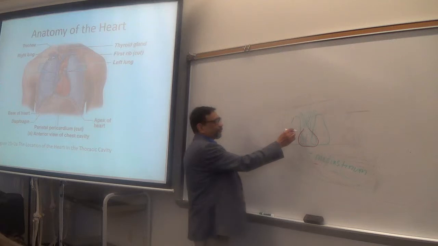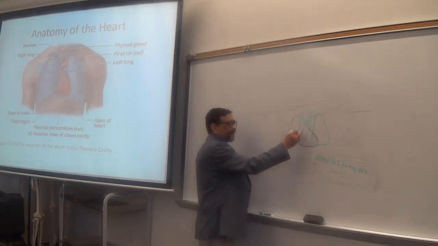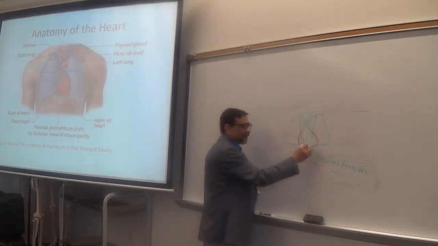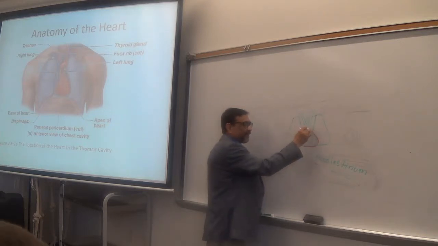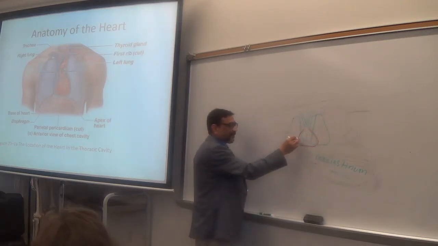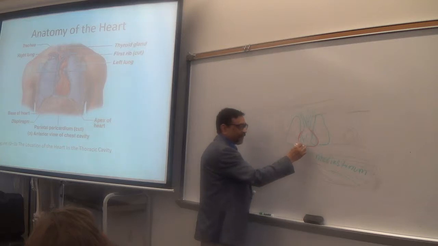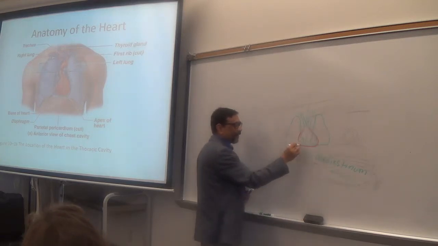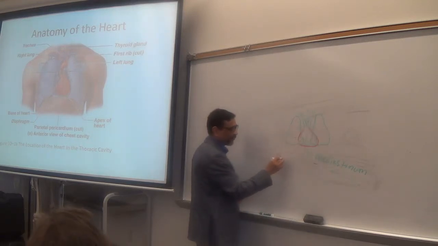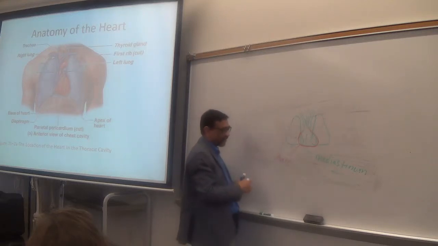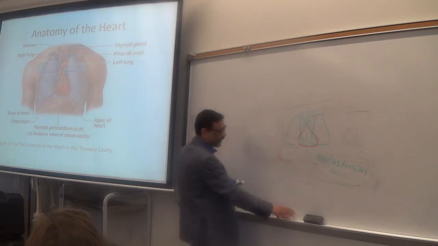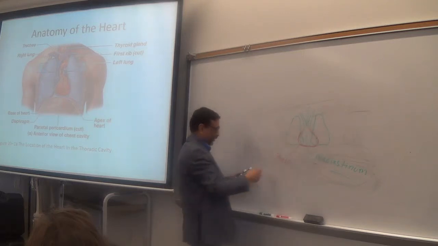Now, in inferior mediastinum, there is a connective tissue membrane that is called pericardium. Peri means around, cardium means heart, cardiac, you know that. So peri is around cardium.